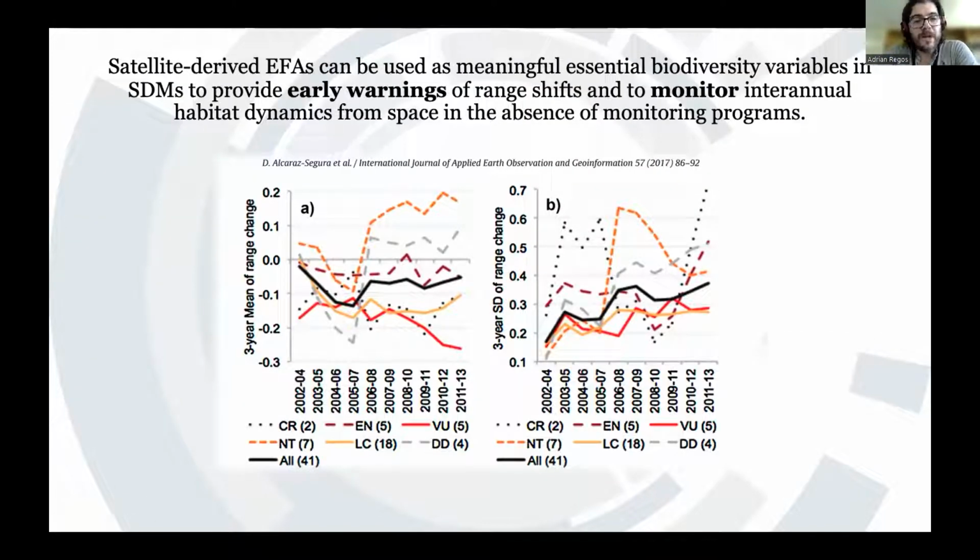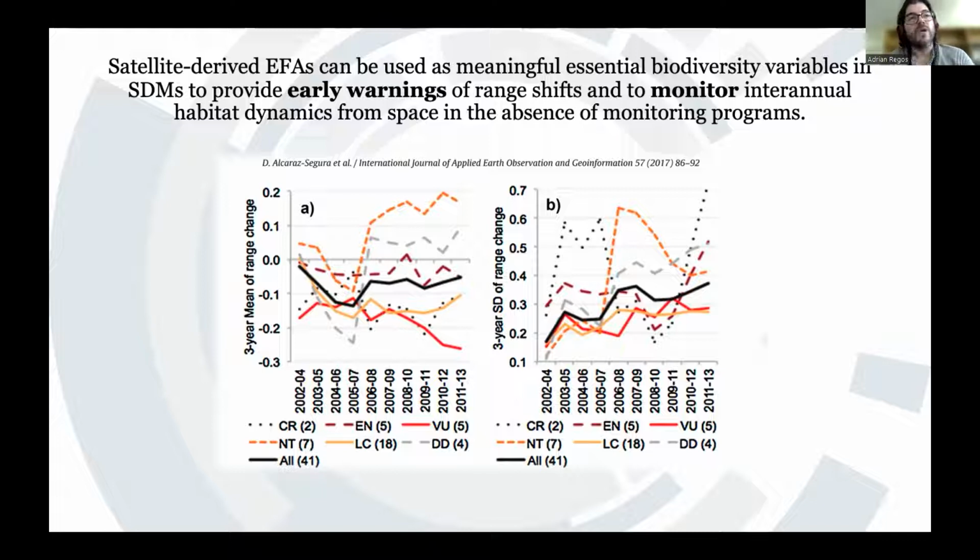I also like very much this paper led by Domingo Alcaraz and colleagues. They built models using climate variables and also EFA variables for endangered plant species in the Iberian Peninsula, and they compared the predictions of these models.